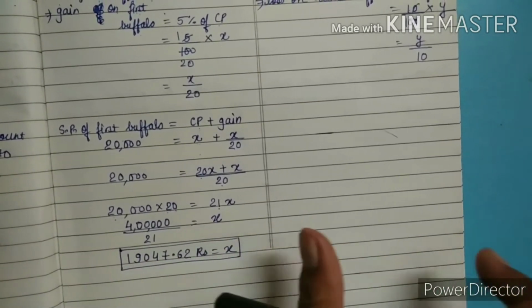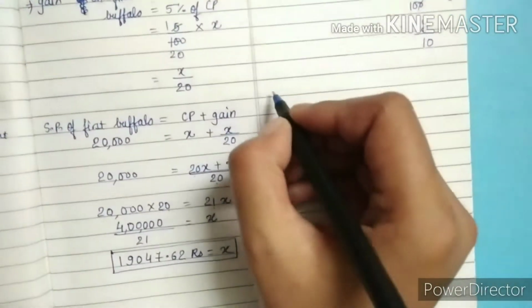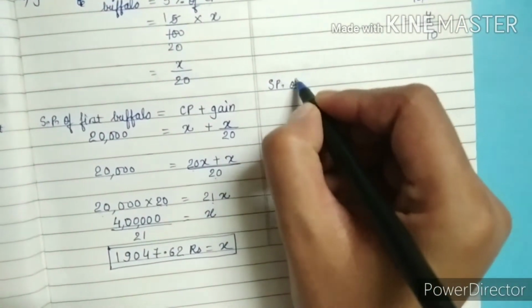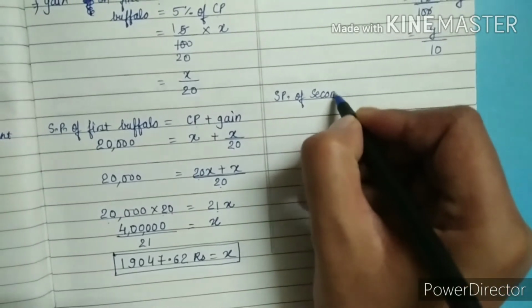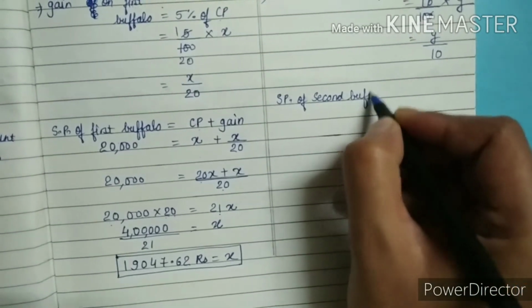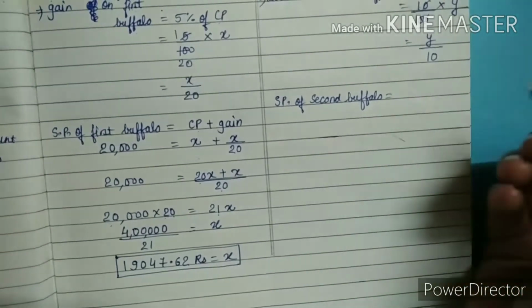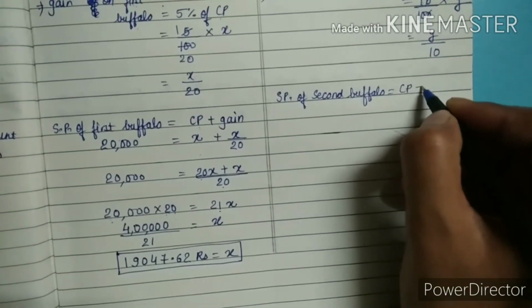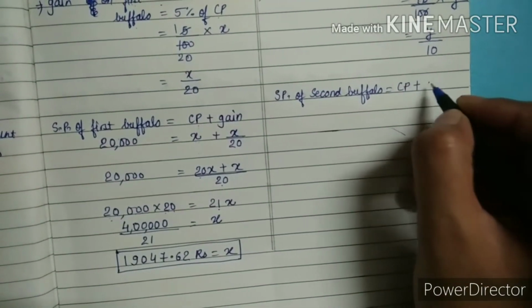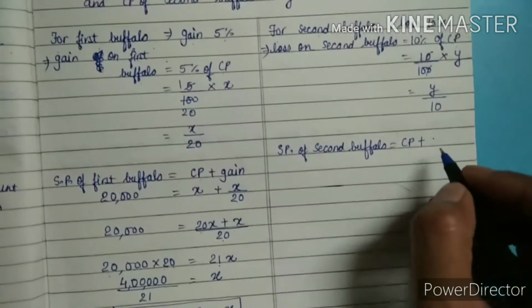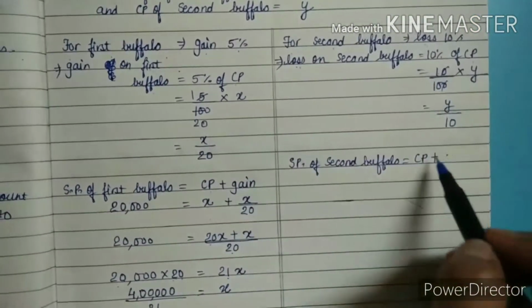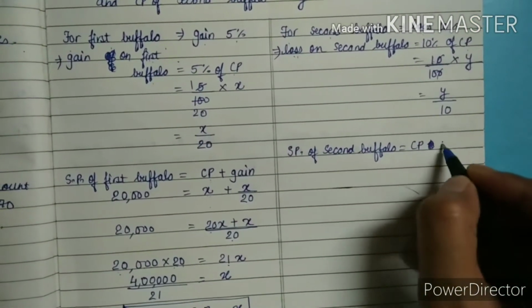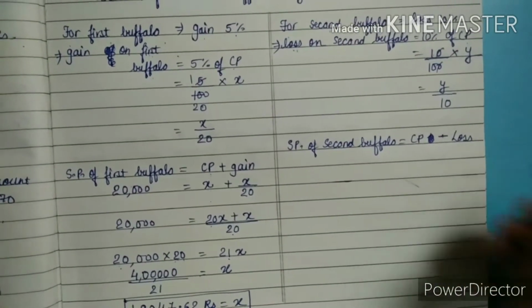Similarly we will find it for the second buffalo. The selling price of the second buffalo we get from cost price, and here once again you will see there is a loss, so plus is not coming. What do we have to put here? Minus loss.